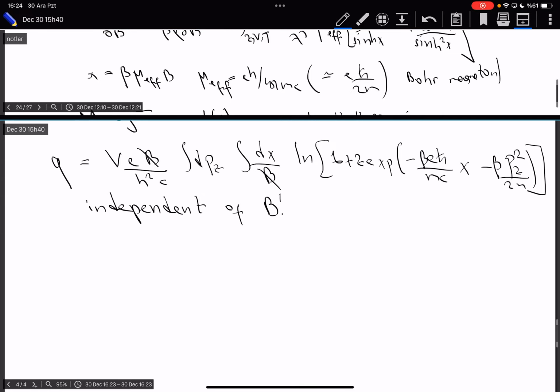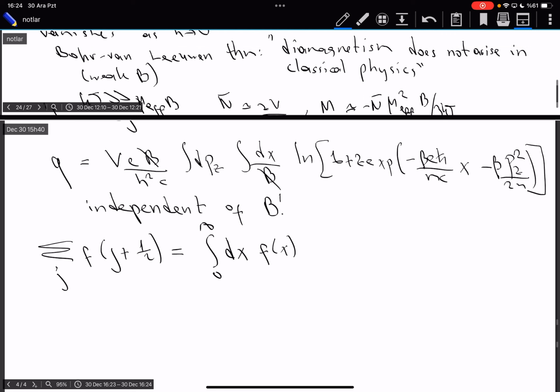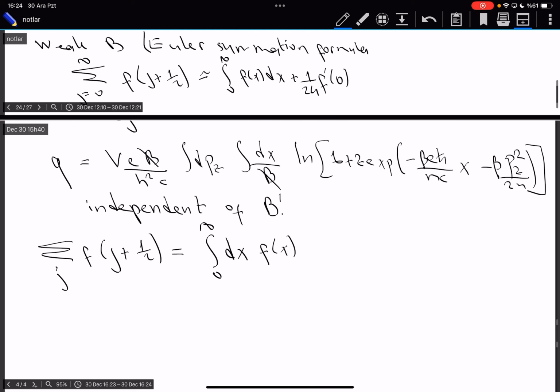You see, here what we had done was we replaced the sum over J of a function that depends on J plus 1 over 2, we replaced that with an integral. Let me call this integral of f of x from 0 to infinity. This is an approximation. Then we have corrections to that. And the first correction is 1 over 24 f prime at 0.